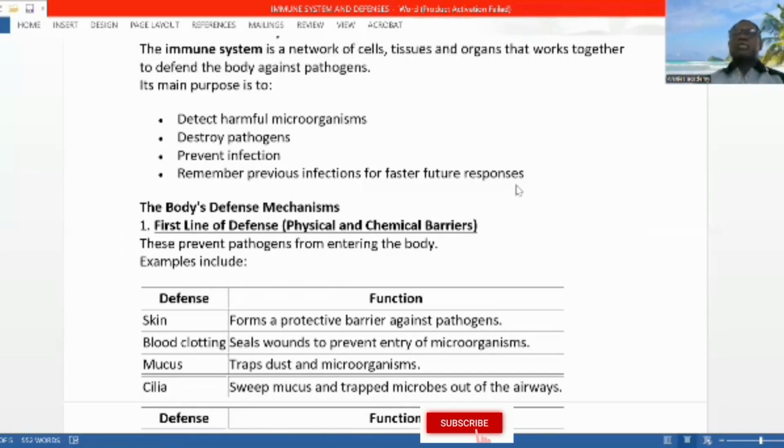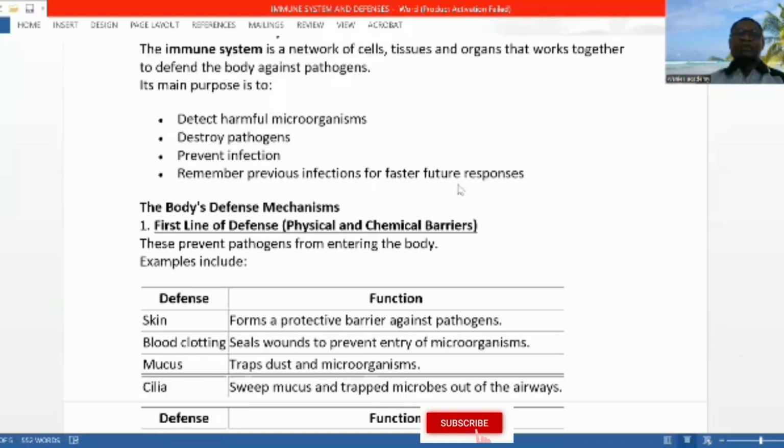Now, let's see how the body defends itself against the harmful microorganisms. We have the first line of defense. This is a physical or chemical barrier.